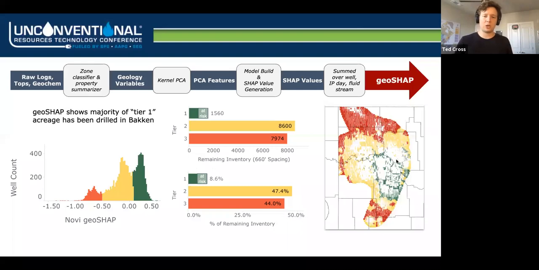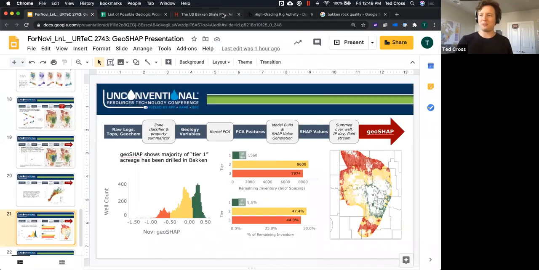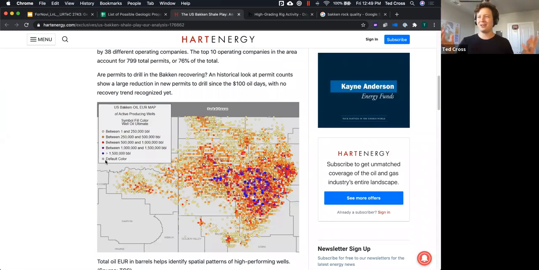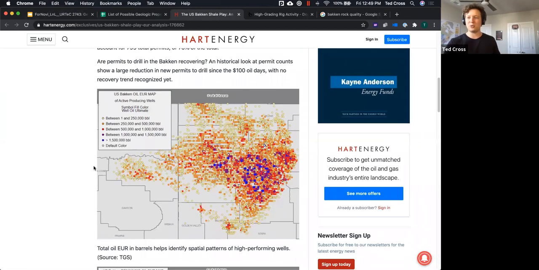Before I show you the conclusions, I just wanted to do a couple of fun, quick hits of other things. I just Googled Bakken rock quality or Bakken oil in place. Here is a map from Hart Energy, a publication that focuses on the oil industry, where they just have a gridded map of all the EURs around the basin. Maybe if you applied some kind of smoothing, you could get something that shows you the relative rock quality.